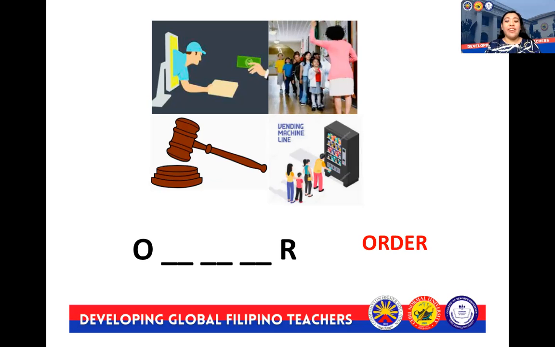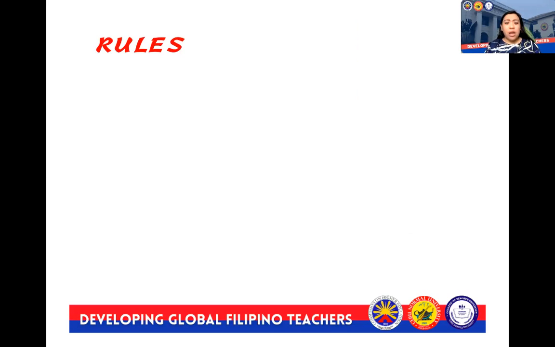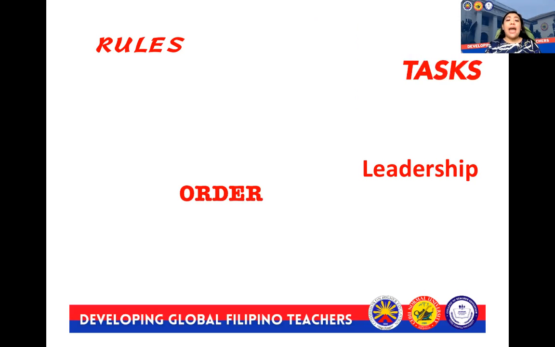There is order. The reason why I'm sharing these words with you, because just like the words rules, leadership, order, tasks, and planning, these are all related to management. When you manage, you have to have leadership. When you manage, there are a set of procedures that you need to do.